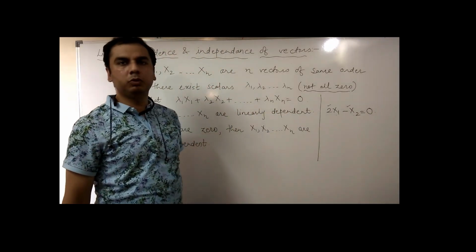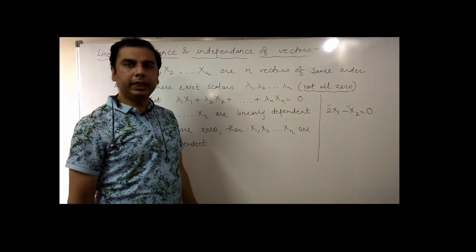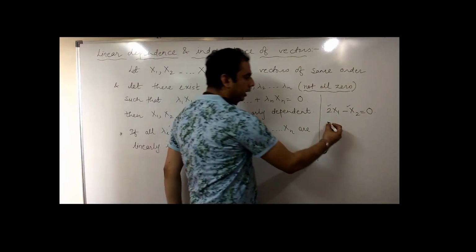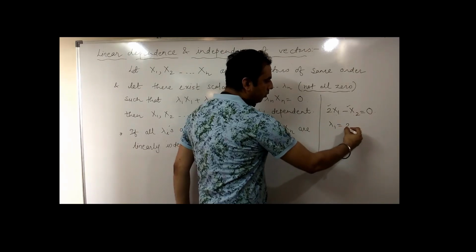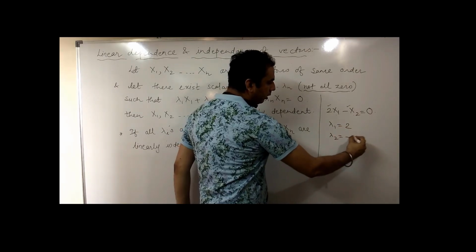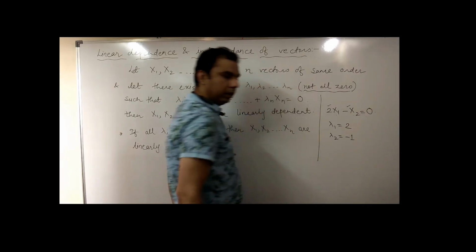Then we will say that the two vectors x1, x2 are linearly dependent. So here we have lambda 1 equal to 2 and lambda 2 equal to minus 1.